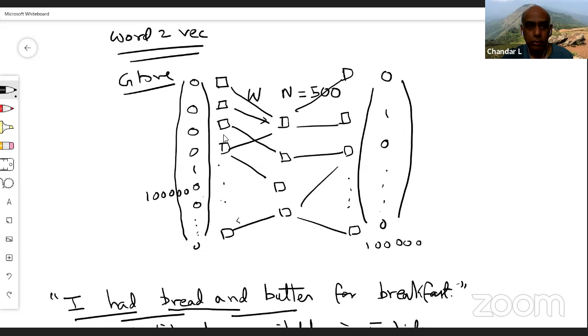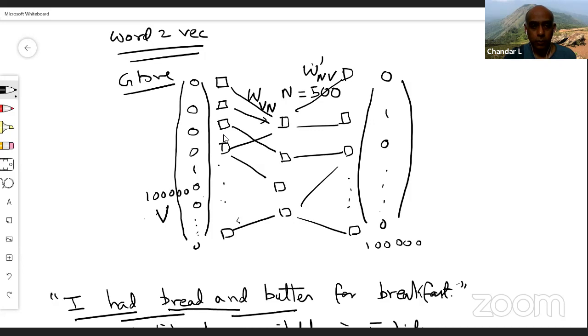Here, the vocabulary size was V, which is 100,000. There would have been a matrix of dimension V cross N, which is going to connect this vector to the vector in the hidden layer. And then likewise, because there is one more fully connected network here, it would have a W dash, another matrix, which will connect from N to the same V.